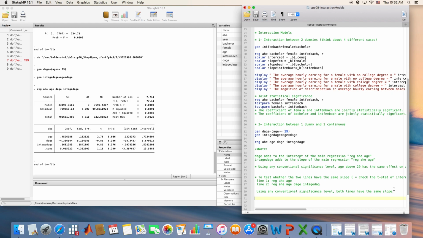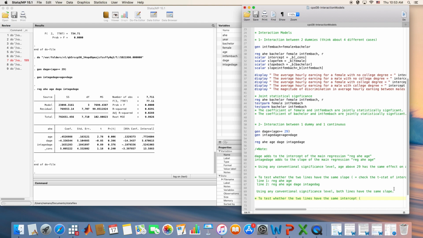We can test whether the two lines have the same intercept.